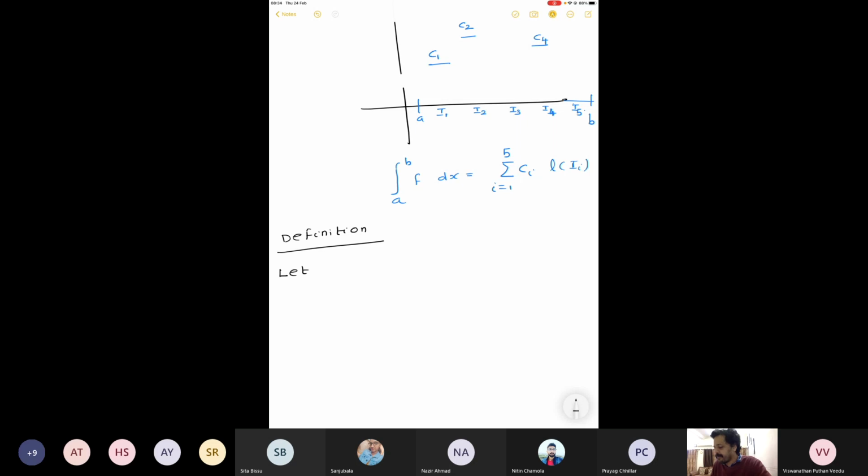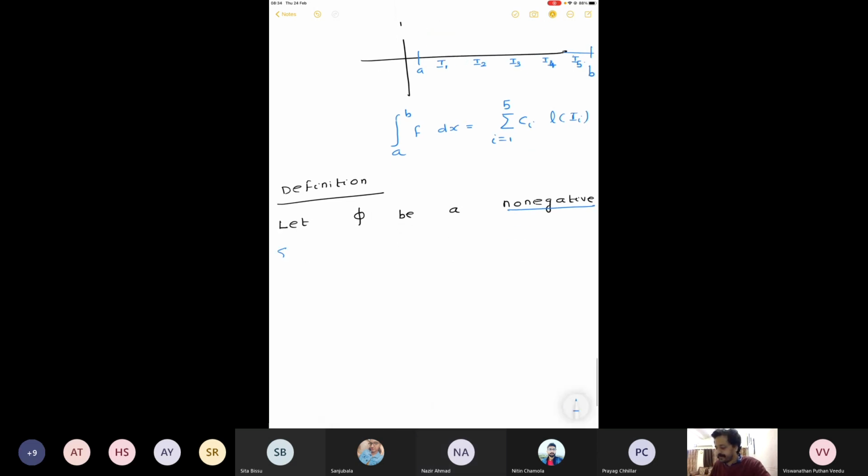Let phi be a non-negative simple function. I will say why we are assuming non-negative. By definition, simple functions are measurable.